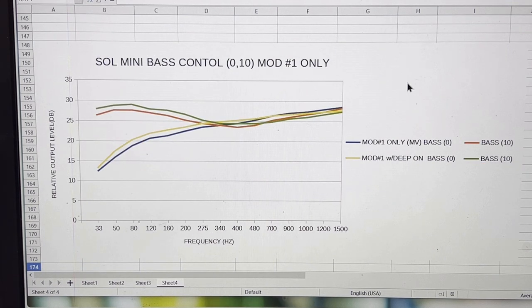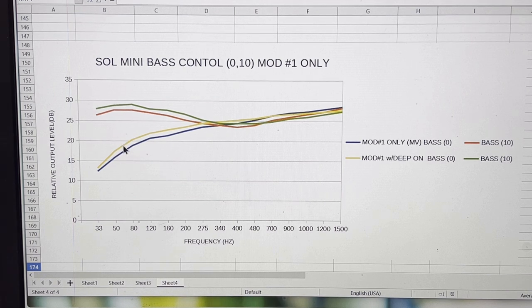Now we're looking at the SLO Mini bass control with mod number 1 only. In the blue line, the bass is 0. In the red line, the bass is 10. Then when we switch the deep switch in, we get about 3 dB of gain from there.